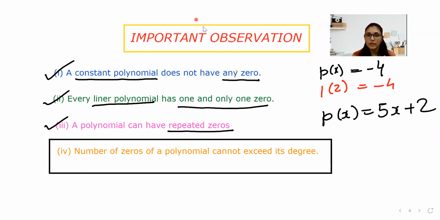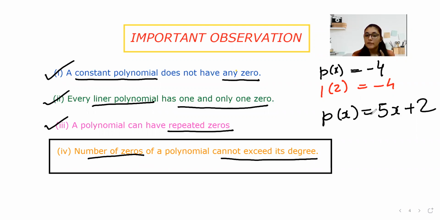Remember this. The question is, how many zeros can a polynomial hold? So whatever the degree of the polynomial, only that many zeros will be there.